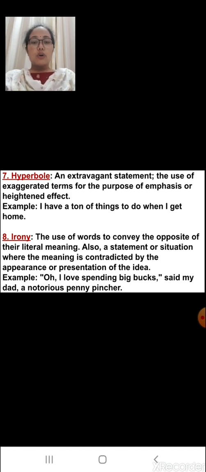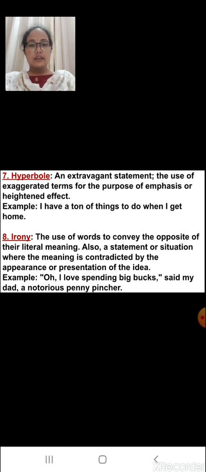The use of words to convey the opposite of their literal meaning. Also a statement or situation where the meaning is contradicted by the appearance or presentation of the idea is known as irony. For example, "Oh, I love spending big bucks," said my dad, a notorious penny pincher.